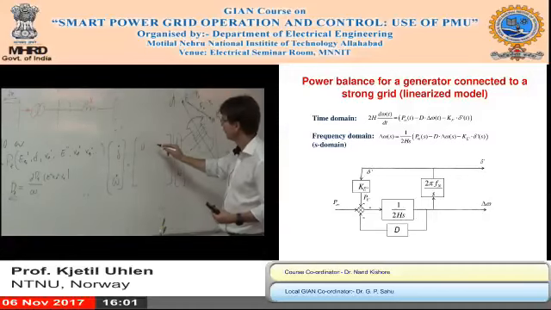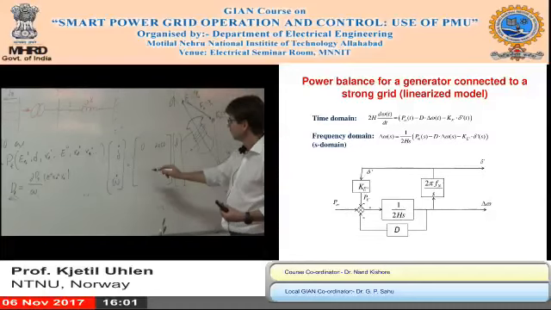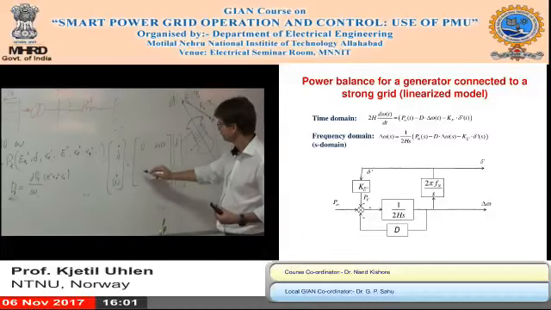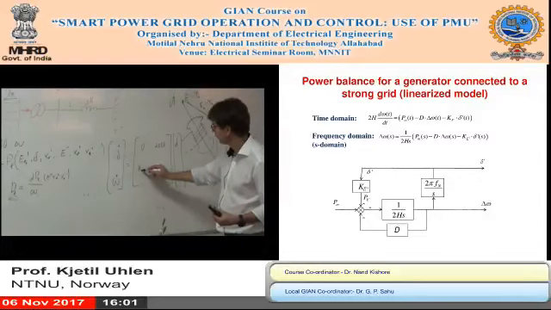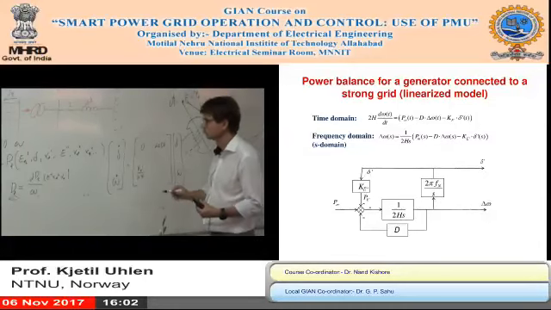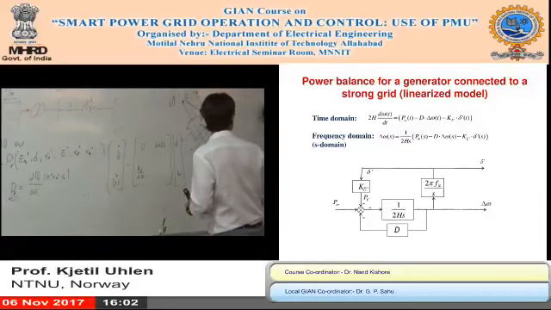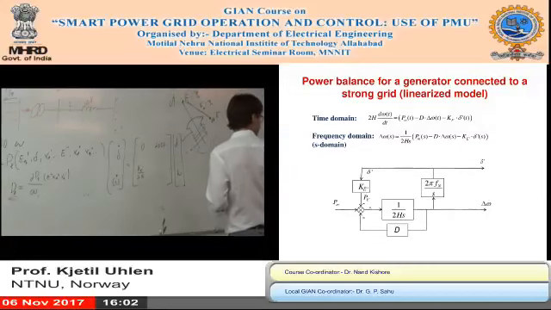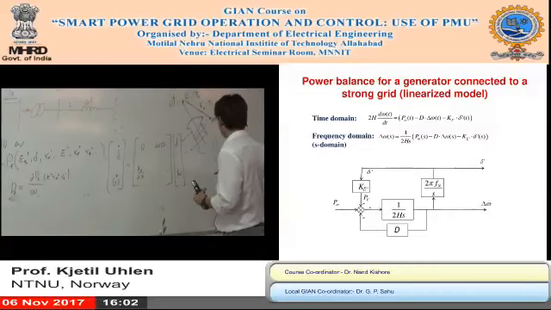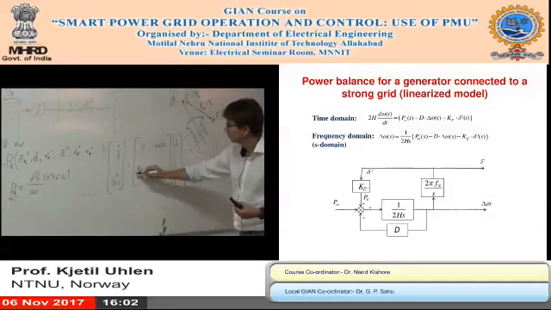So we would have 2p50 here, and for delta we would have Ke divided by 2h. If you only look at the damping here, minus.